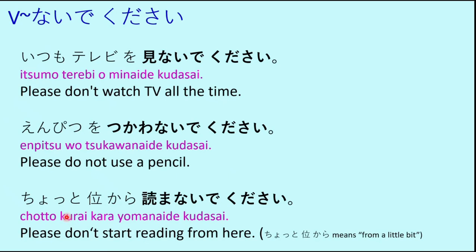Chotto kurai means a little bit, and kara means from. So the literal meaning is please don't start reading from a little bit, but the actual meaning is please don't start reading from here. Chotto kurai kara yomanai de kudasai.